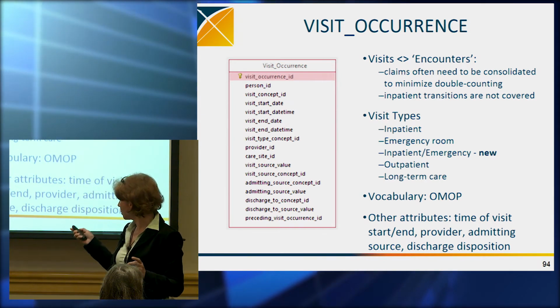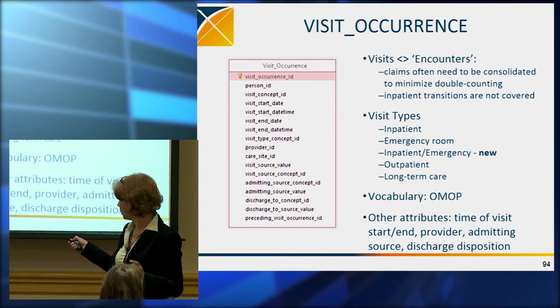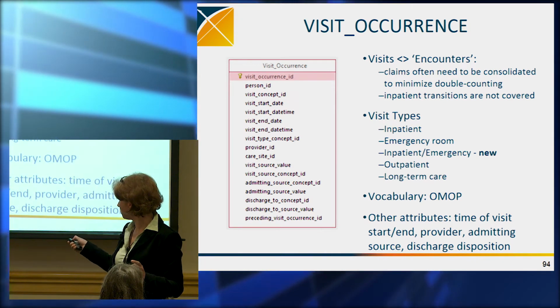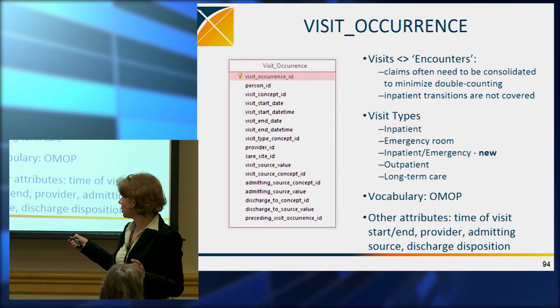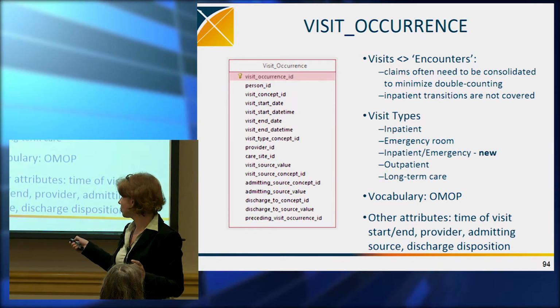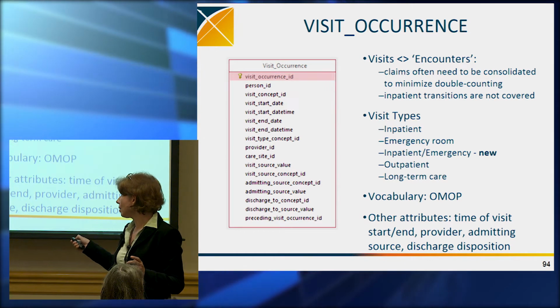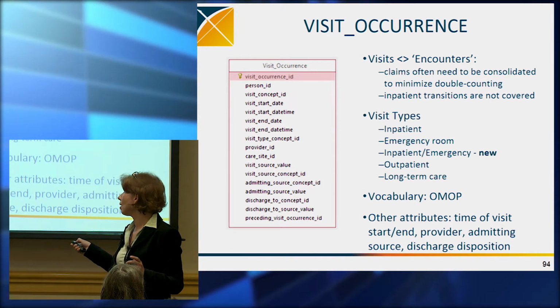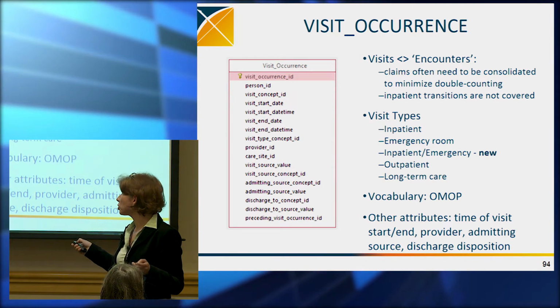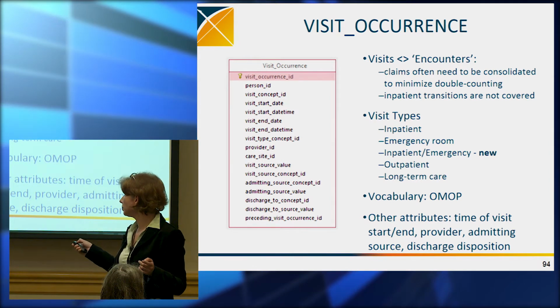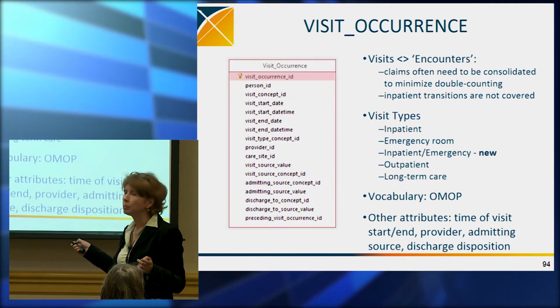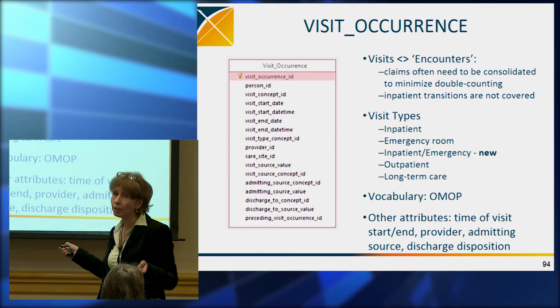And you will see 2 temporal attributes. One is visit start date, and this is visit start date time. And this also reflects an evolution of the CDM. Visit start date time has been added recently.